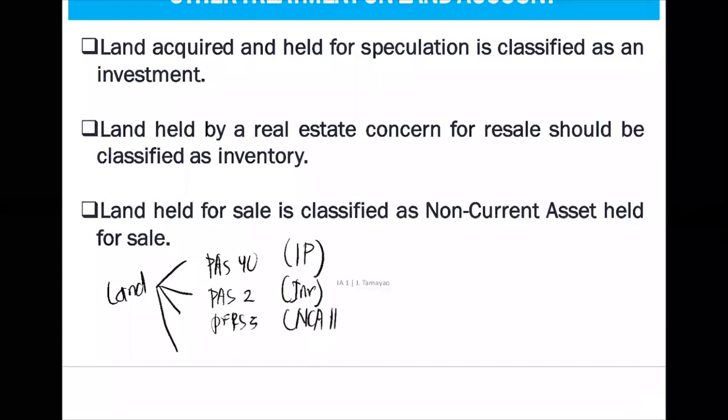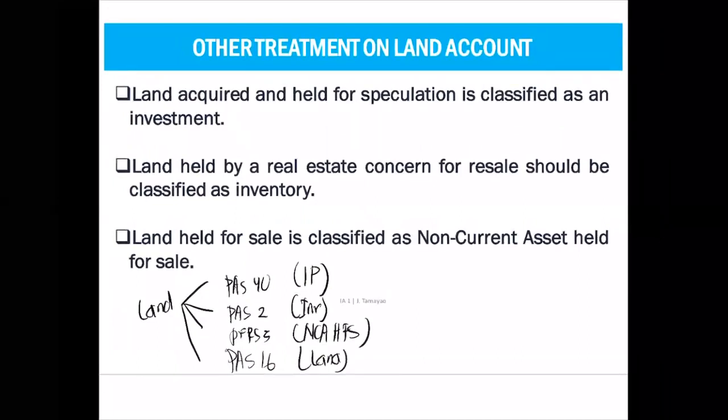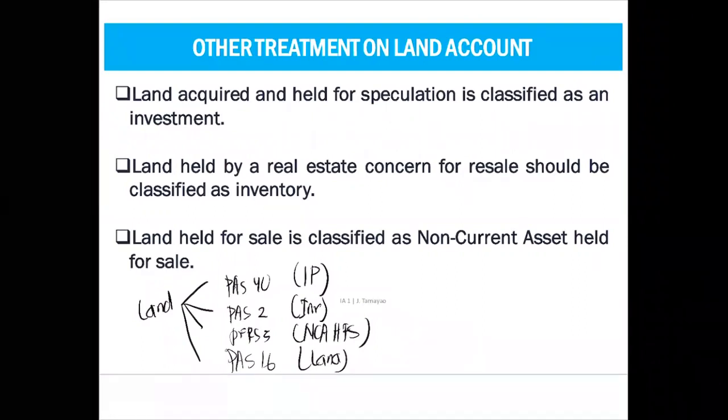And then land account only under PAS 16. So how many classifications of land should we look into in this particular slide? We have 4. PAS 40 investment property, when? If it's acquired and held for speculation. Next, we have your PAS 2 inventory. And then we have your non-current asset held for sale.